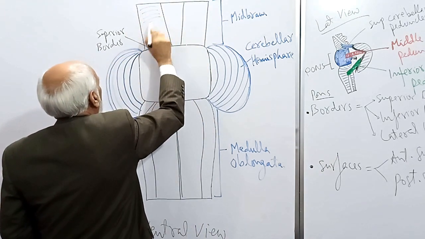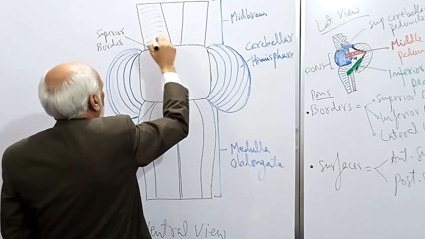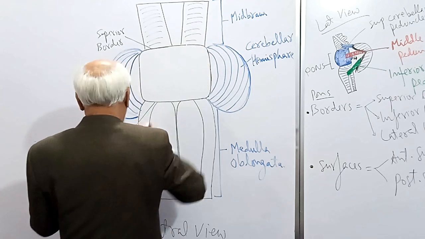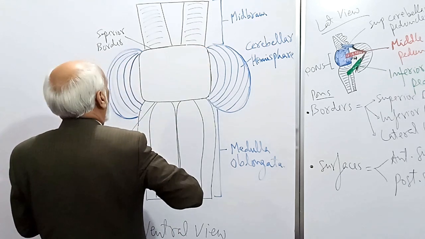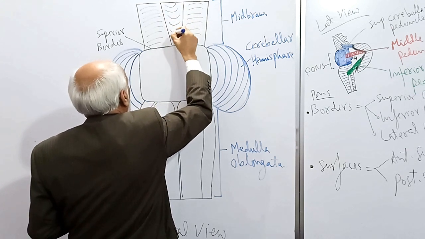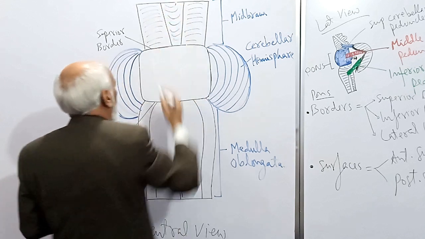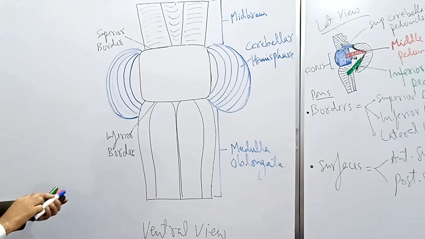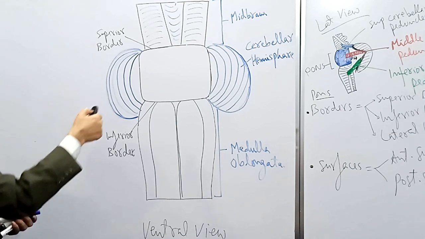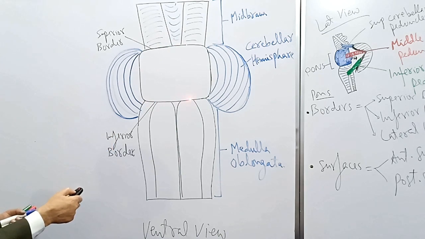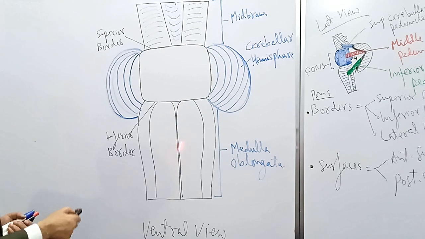This is the midbrain, and you can see the right crus cerebri and left crus cerebri with the interpeduncular fossa in the center. So this is the superior border of the pons where the midbrain enters. Then this is the inferior border of the pons below which the medulla oblongata starts.